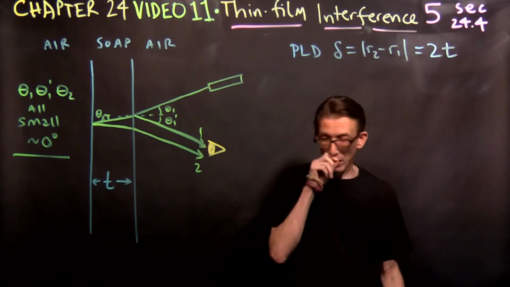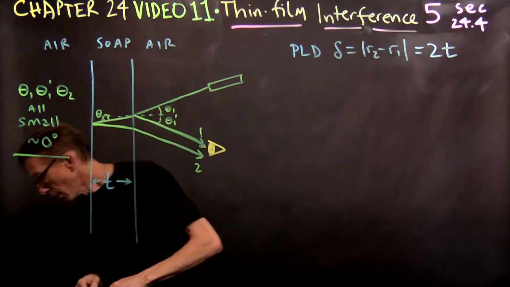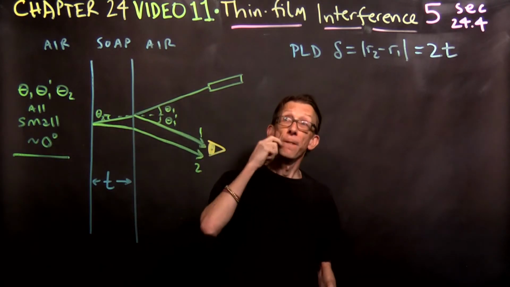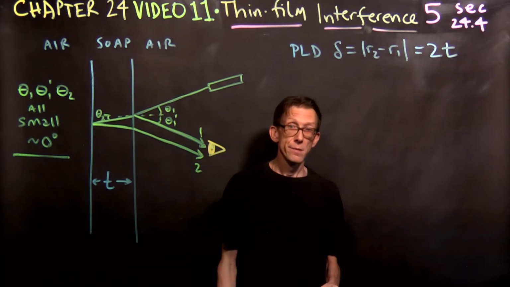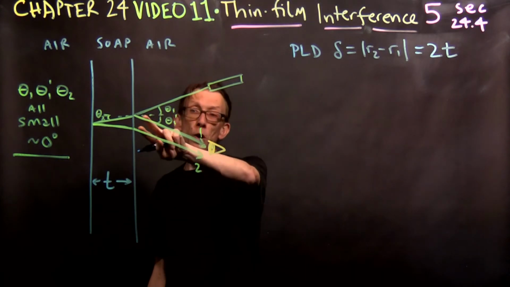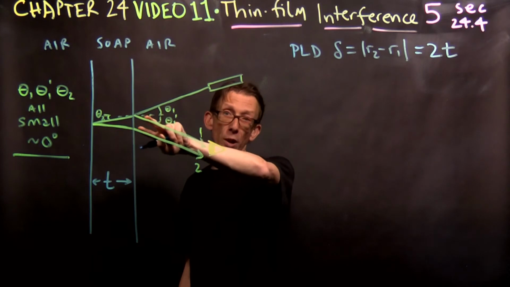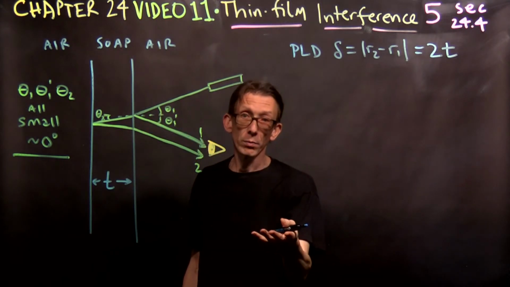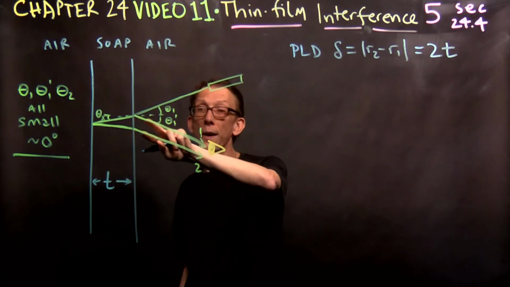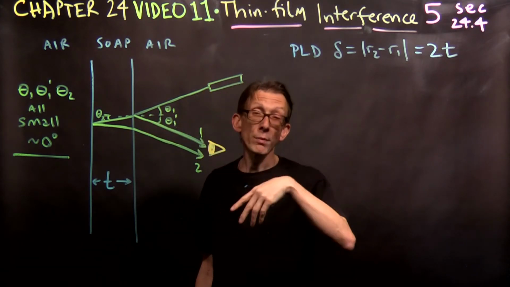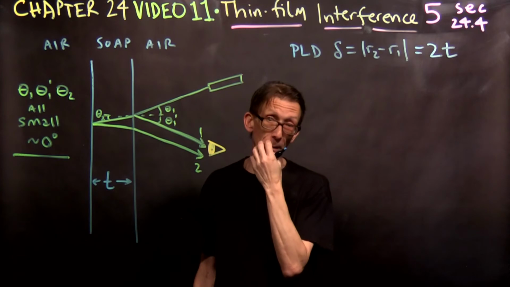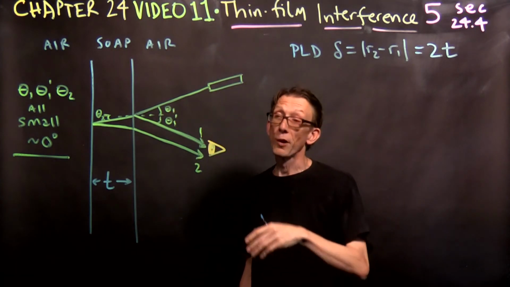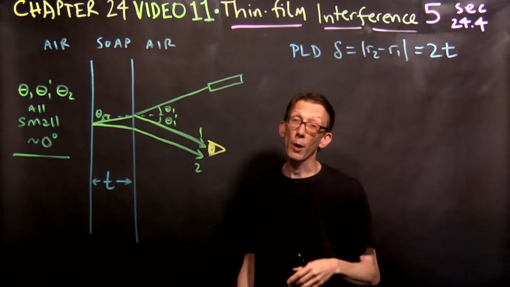Based on what we talked about in the last video, in video 10, if these two waves are out of step with each other, there will be destructive interference. If these two waves are in step with each other, there will be constructive interference.